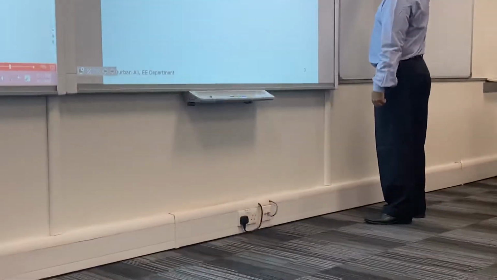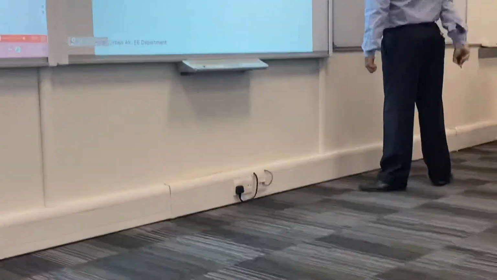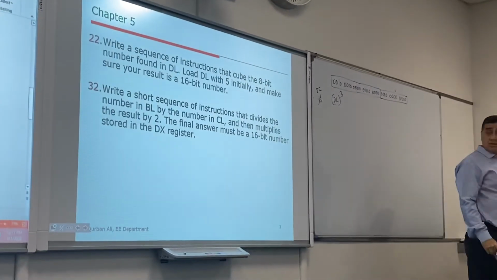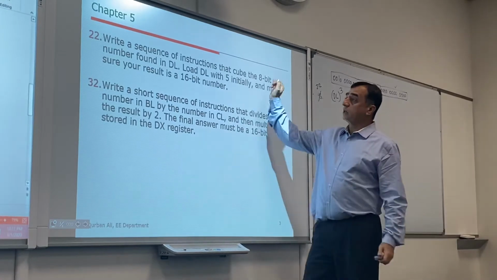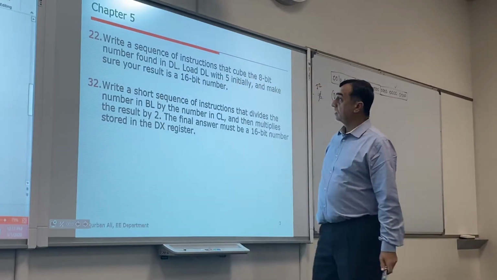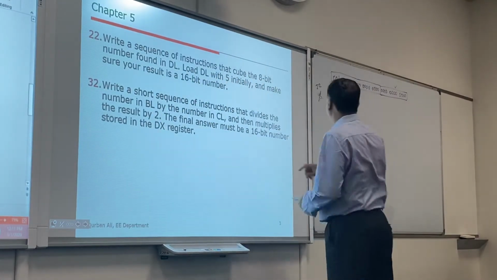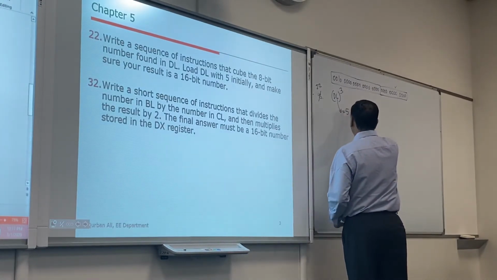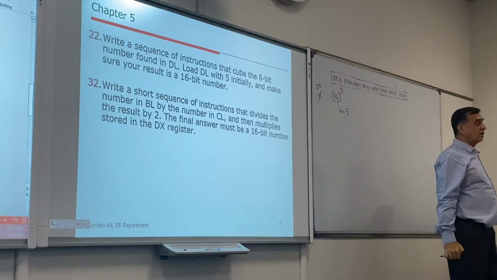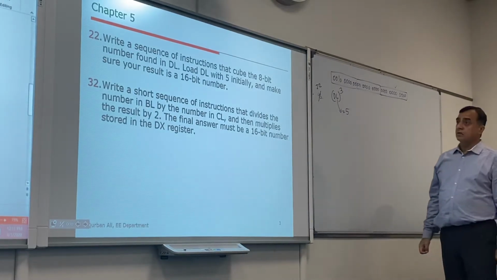This is the target. Cube the 8-bit number found in DL. Load DL with 5. This one is equal to 5. Now write code for how it will be done.